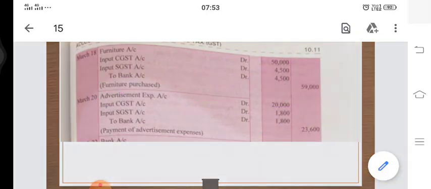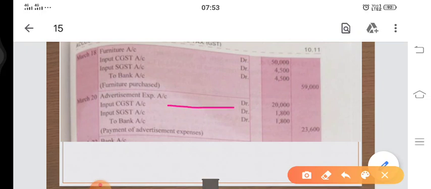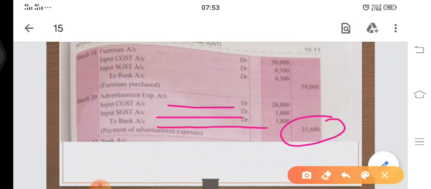So here you can check 1,800 is the amount of input CGST and 1,800 is the amount of input SGST. Now since we are paying 20,000 for advertisement, 1,800 for SGST and 1,800 for CGST, the total amount that we are paying is 23,600. And how are we paying this amount? Through bank. Since this amount is going through bank, bank is the giver, has to be credited.